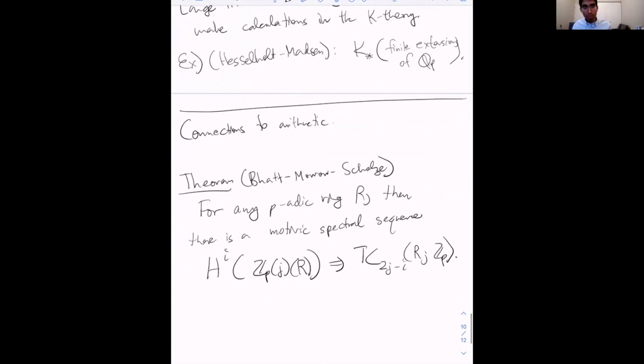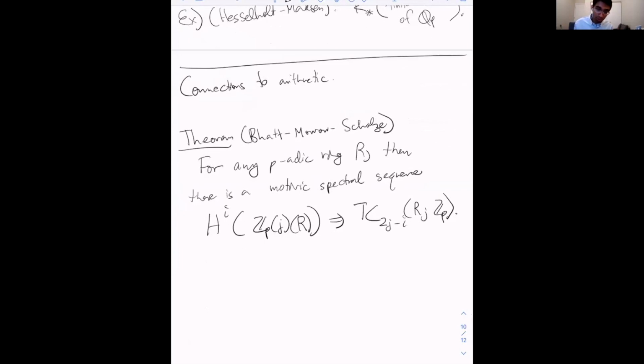So there's an analog of the motivic spectral sequence from motivic cohomology to algebraic K-theory, but for TC, and one of the key points here is that it works completely generally. Note that this is valid for any p-complete ring.